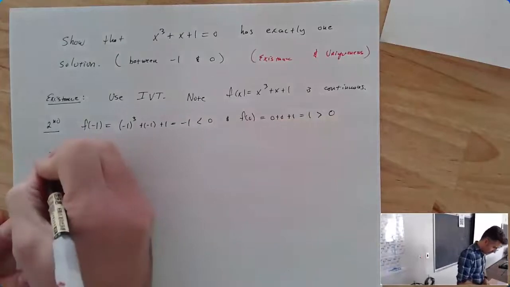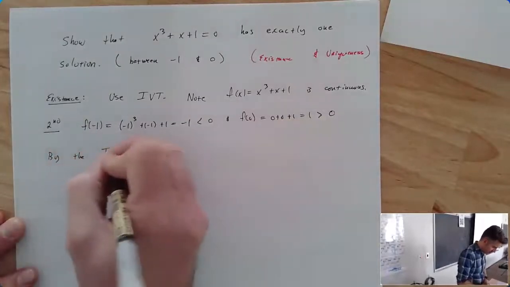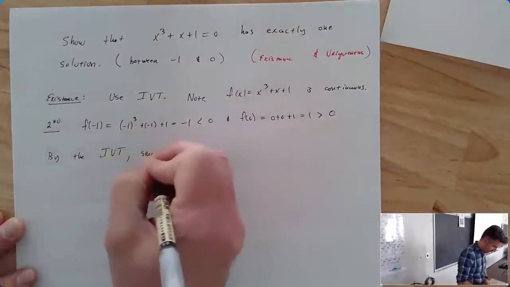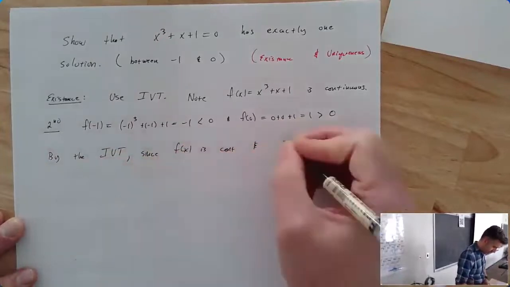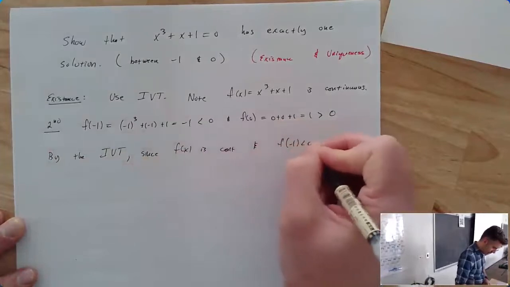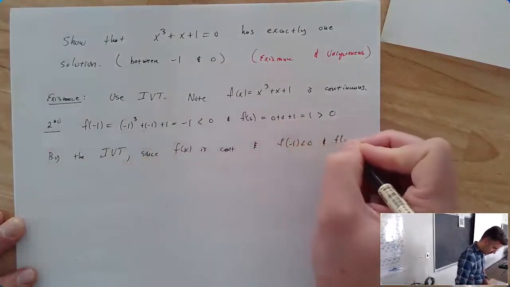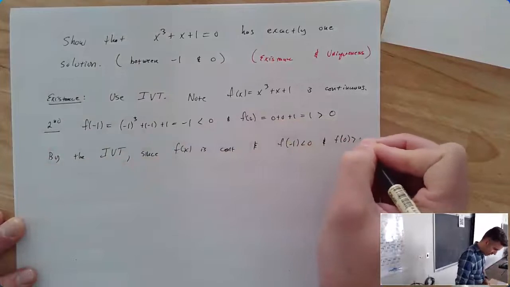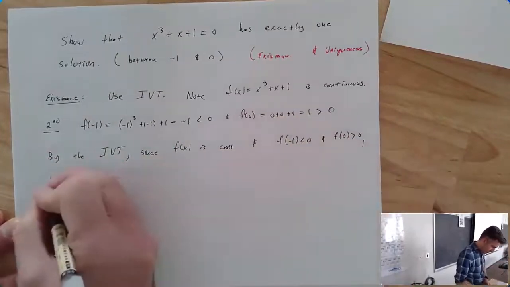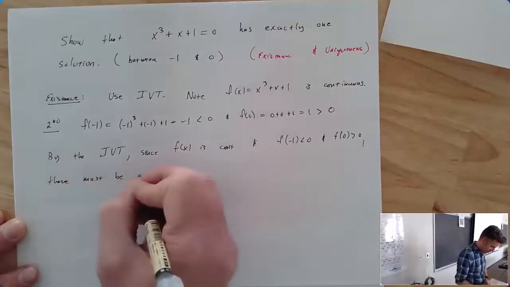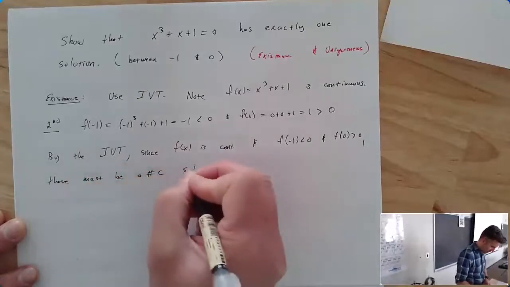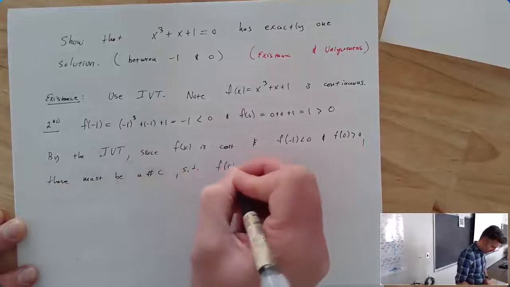So by the intermediate value theorem, since f of x is continuous and f of -1 is negative and f of 0 is positive, there must be some place between those two numbers. There must be a number c such that f of c is equal to 0.